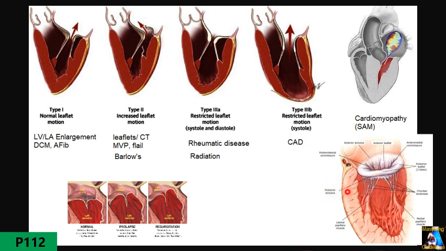From a surgical aspect, we can classify by the Carpentier method. In Carpentier, MR is divided into three types, 1, 2, 3, and type 3 is divided into subgroups A and B. Let's go one by one because it's important to understand the mechanism when you are going to evaluate mitral regurgitation.